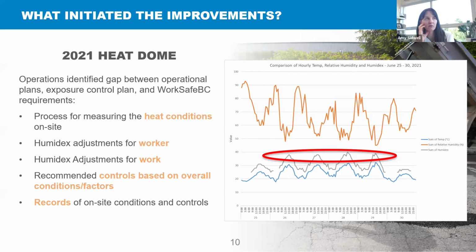Right now we have it with the supervisors, but they can assign it to other people, because sometimes we find, which you may see similarly, that our supervisors are so busy managing a whole bunch of different things that it becomes challenging for them to look this up every hour. If there are changes that do happen, we need to record those changes and the controls that we put in place. So it works well with the supervisor so that they're in the know. But we do switch it up sometimes.